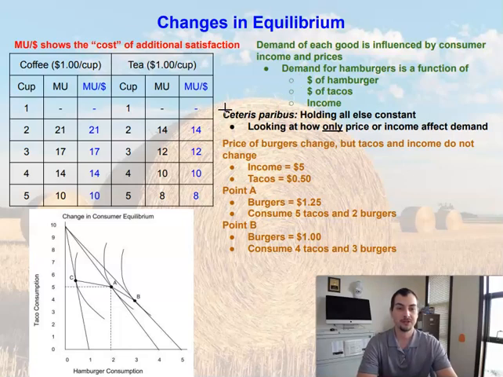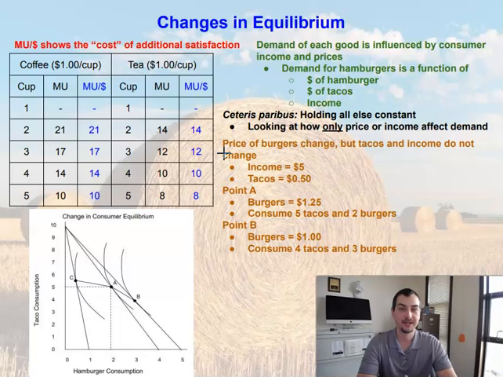So whenever we use ceteris paribus, it's an economist's way of saying we're not going to allow the market to fluctuate except for looking at just prices. So in this case, we're going to be looking at only price or income and how only price or income affects demand. So let's start off by looking at price changes.